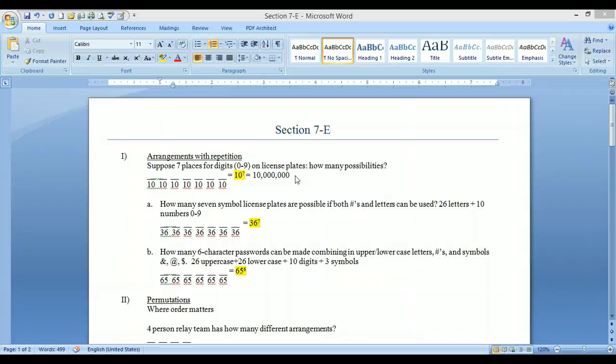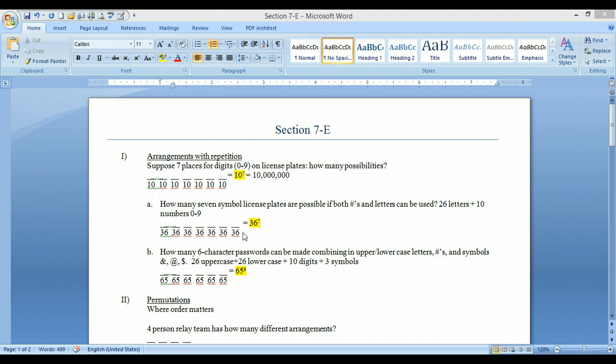Let's look at our first example. How many 7-symbol license plates are possible if numbers and letters can both be used? So I have 26 letters in the alphabet and 10 digits 0 through 9. That gives me 36 possibilities for each of my 7 spaces. So I'm going to draw out my 7 spaces.